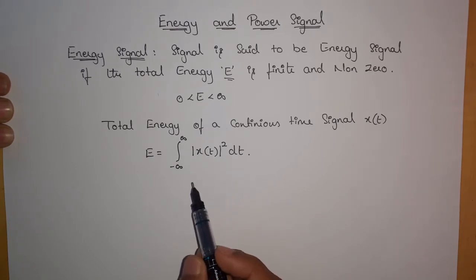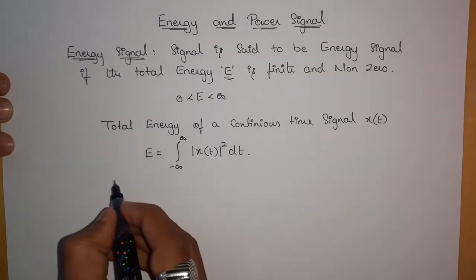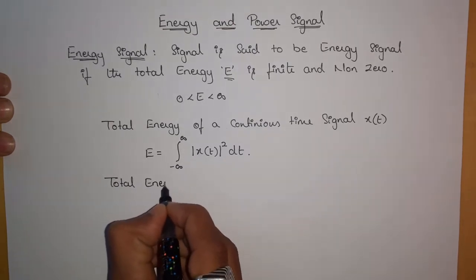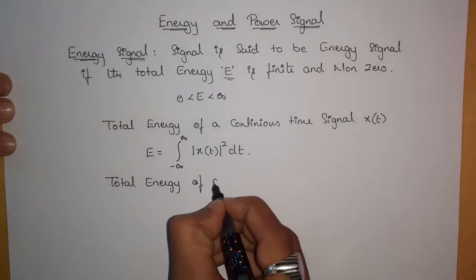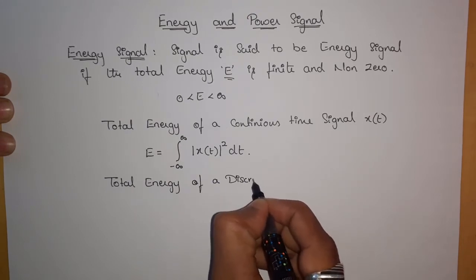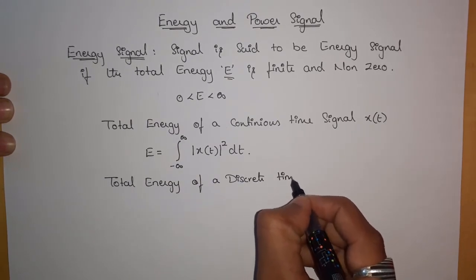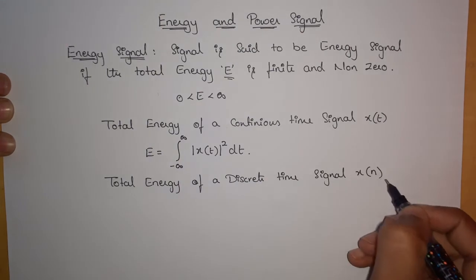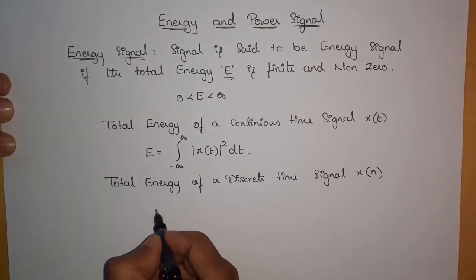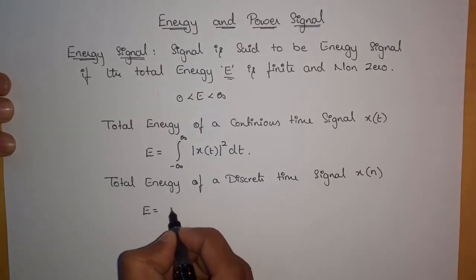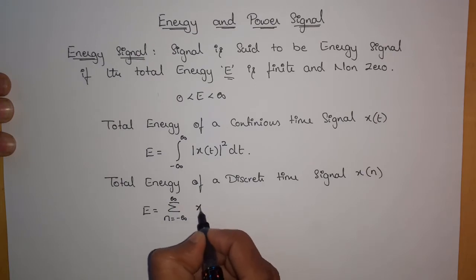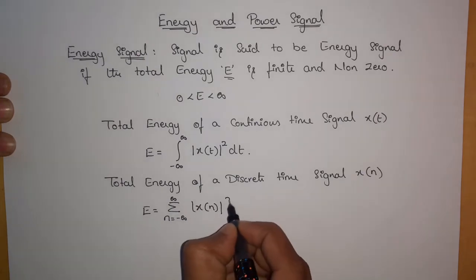If you want to represent energy for a discrete time signal, the total energy of a discrete time signal x of n is given as capital E is equal to summation of n equal to minus infinity to plus infinity of x of n whole square.